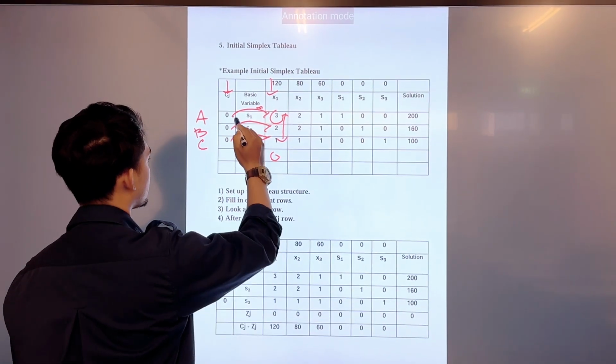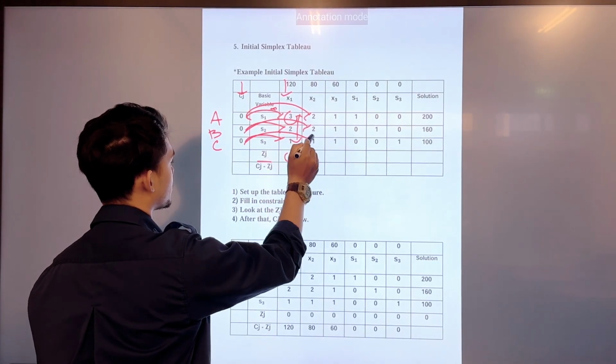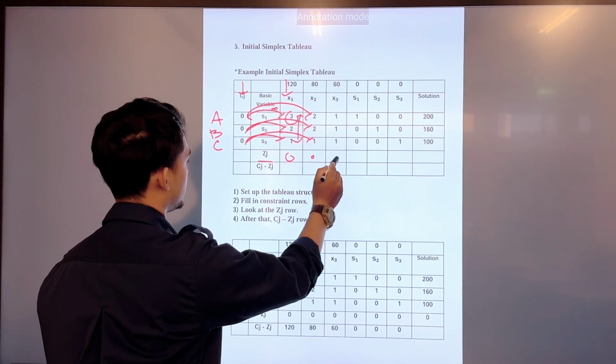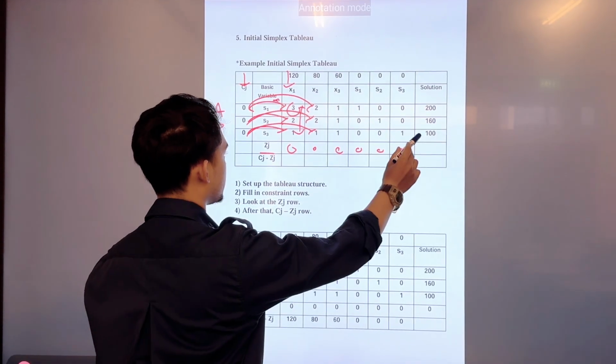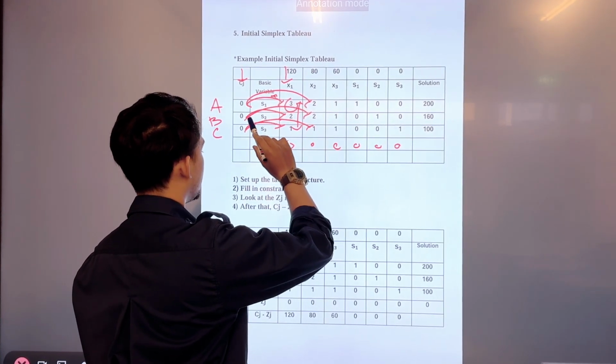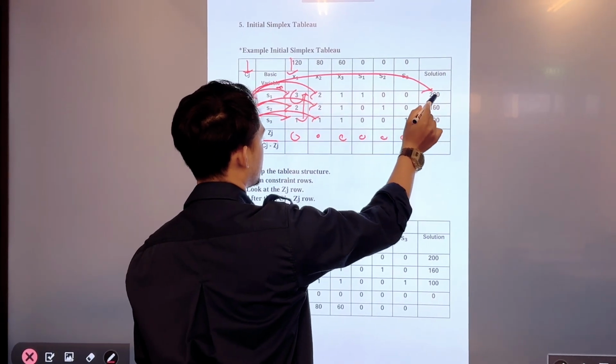Same thing you can do for the next column, 0 times 2, 0 times 2, 0 times 2, which gives 0. And for the solution column you times 0, 200 becomes 0.